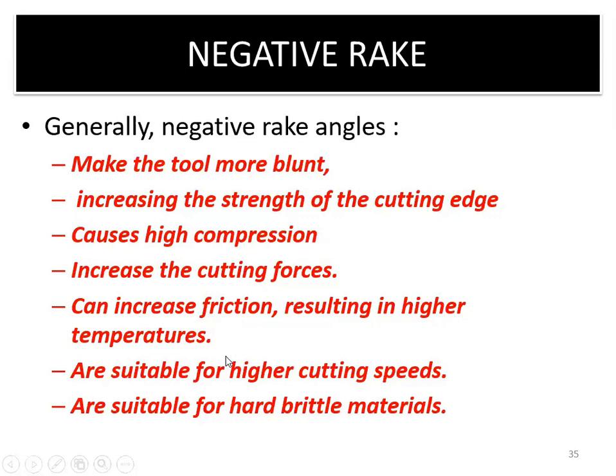They are suitable for higher cutting speeds because at lower cutting speeds, at intermittent cutting, the brittle tool can break. And always remember, negative rake angle is suitable for only hard or brittle materials, while positive rake angle is suitable for ductile or soft materials.